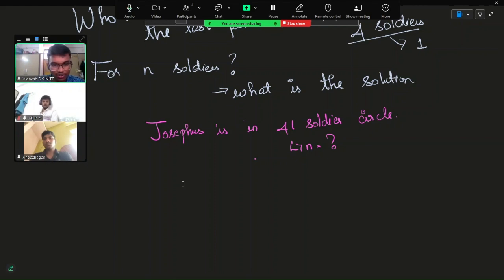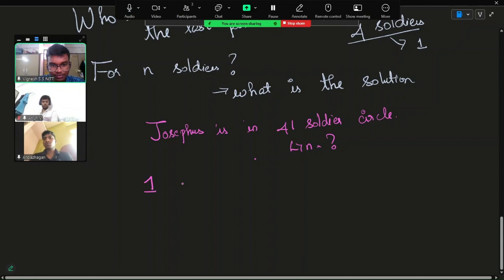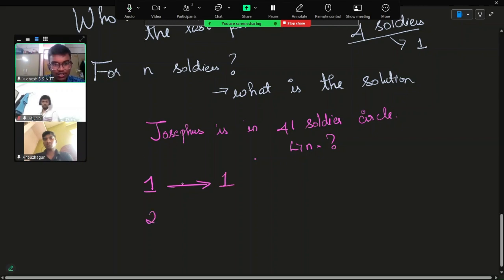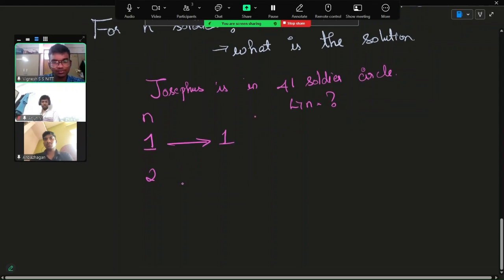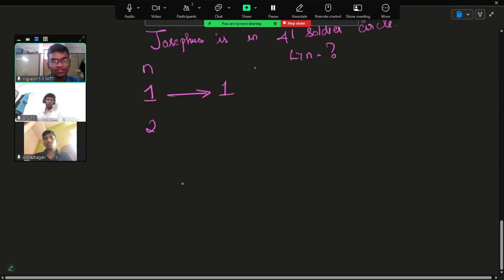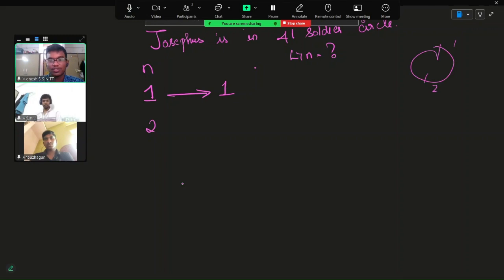For one, what is the solution? It is so easy, it is one. For two people, n equal to 2, who survives? One will kill two, so one is the survivor.